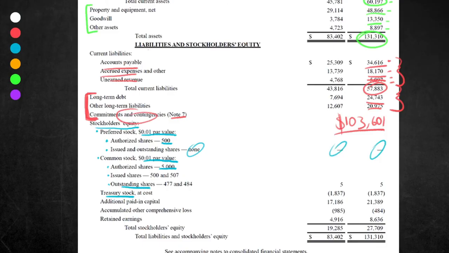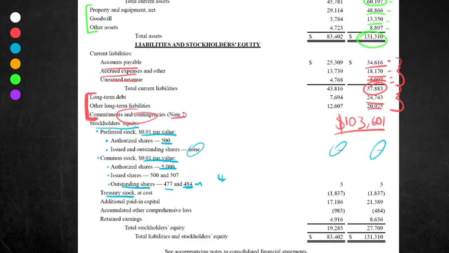The number of common shares, however, for 2017, don't look at issued shares for now. Look at outstanding shares, okay, because these are essentially the shares that are in issue to shareholders and investors. The number of common shares outstanding is 484 for 2017, okay. 477 is for 2016, 484 is for 2017, and that's 484 million, all right, because you know it's in millions, the data here.